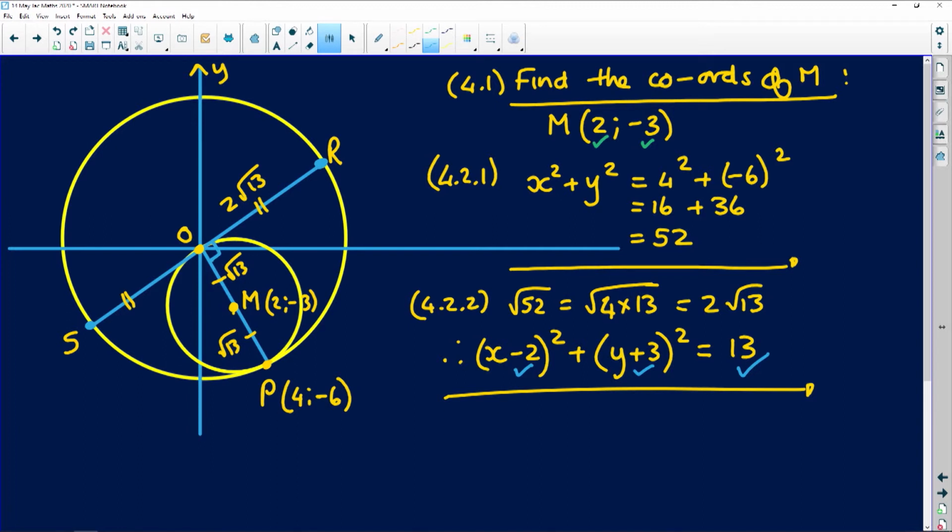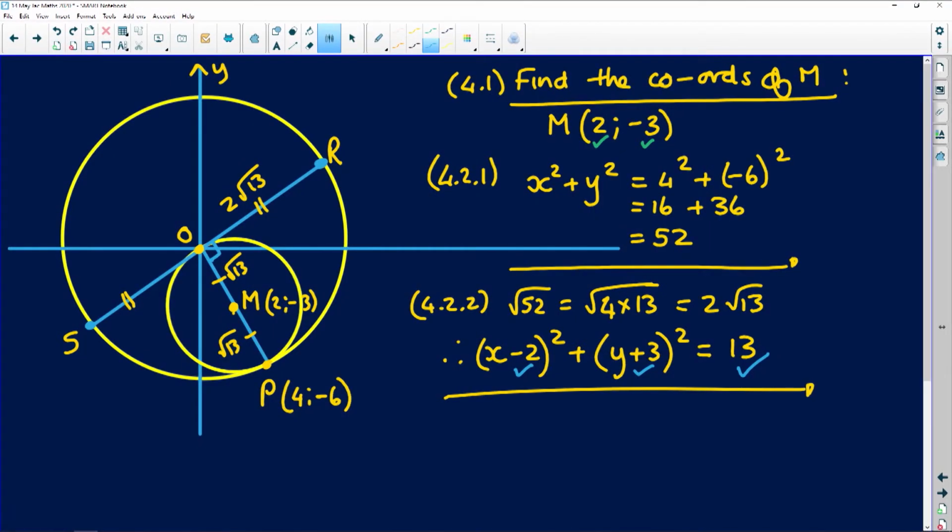Well, they told me SR is tangent to the smaller circle here at point O. So I might be able, there we go. I can find the gradient. I hope you saw that. Because of that perpendicular relationship, I've got the gradient of SR. I just need a point on it, which I also have. It's the origin.